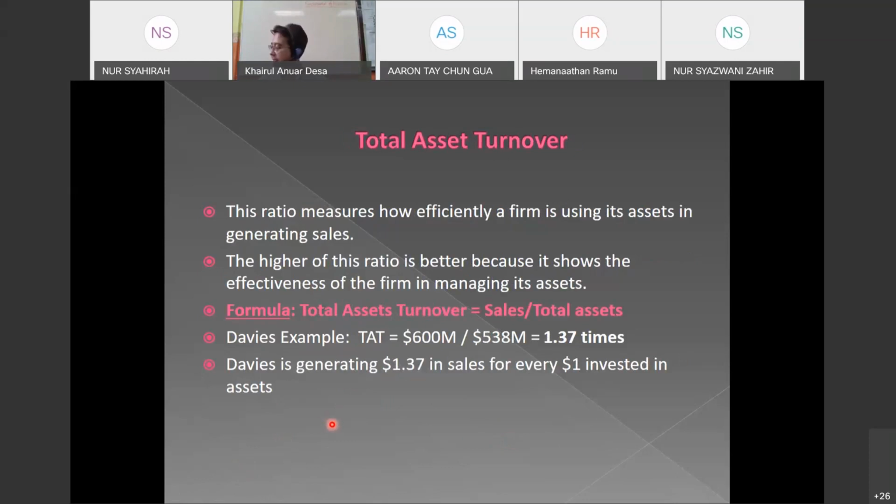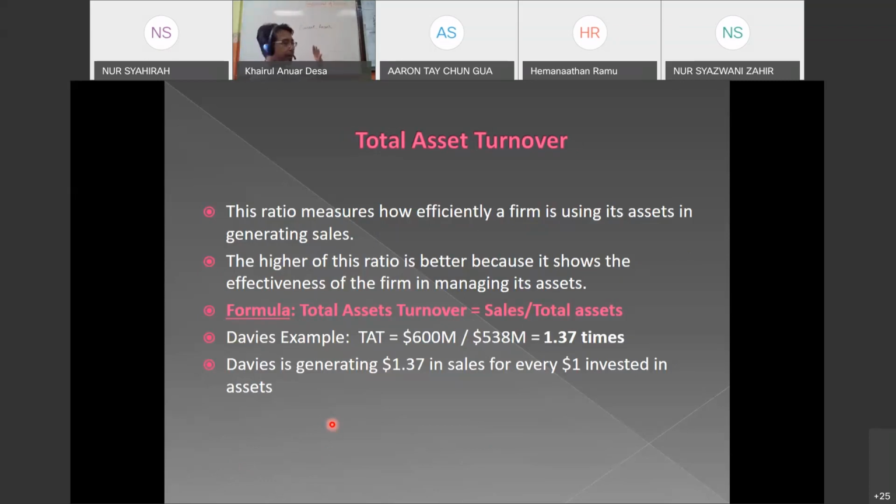Tadi kita lihat inventory and account receivable. Inventory and account receivable is the current asset. Inventory and account receivable just now is the current asset.